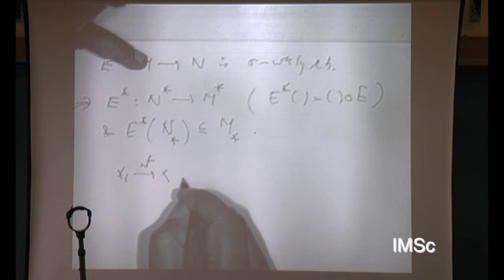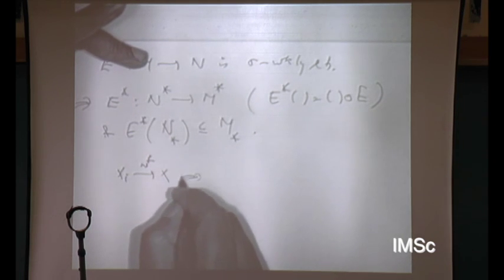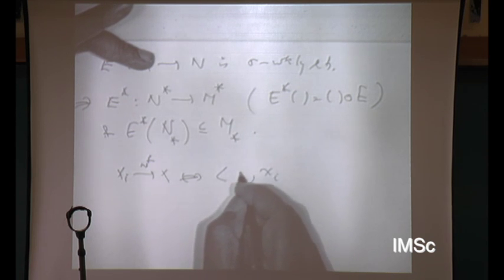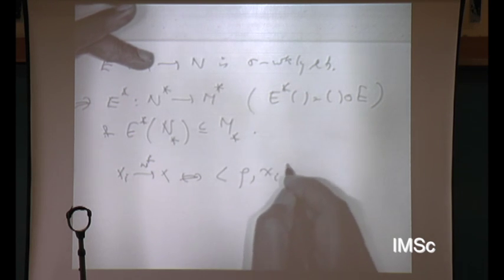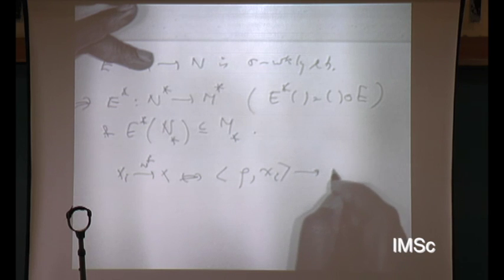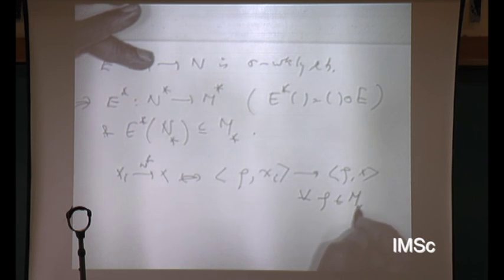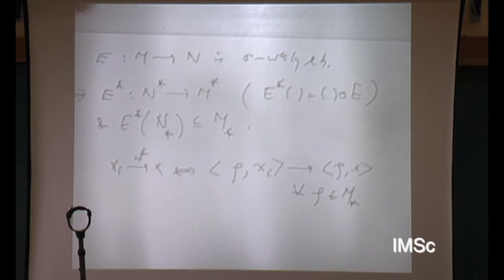It means that if I pair xi with any rho in M lower star, that is what sigma weak convergence means.